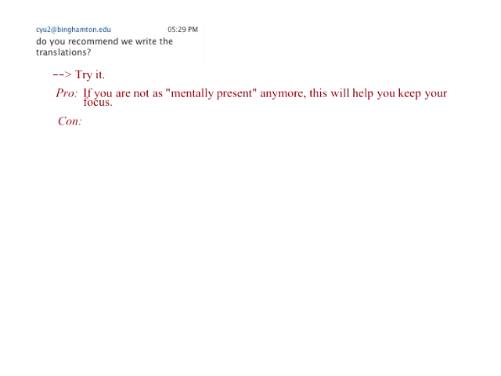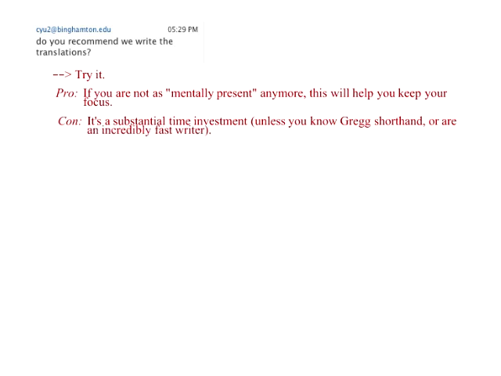The first one obviously is that it's a substantial time investment, unless you know Greg shorthand, or you're just an incredibly fast writer. Also, the other thing is not really a con, but more of a mentality thing than a test taking strategy thing.